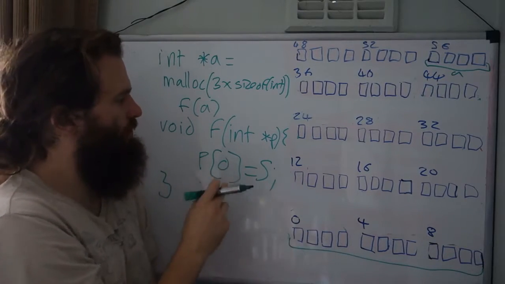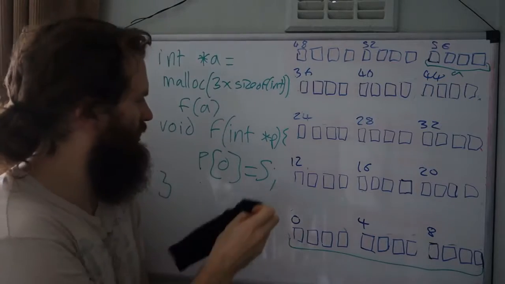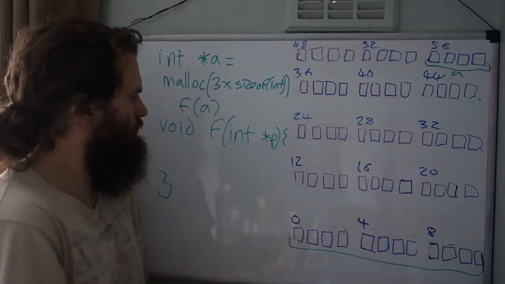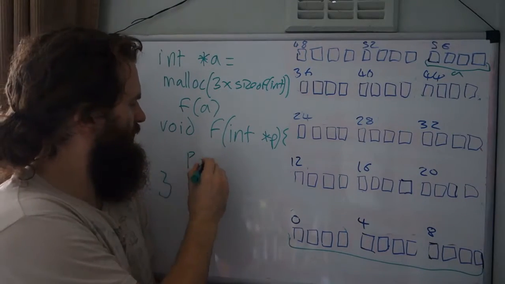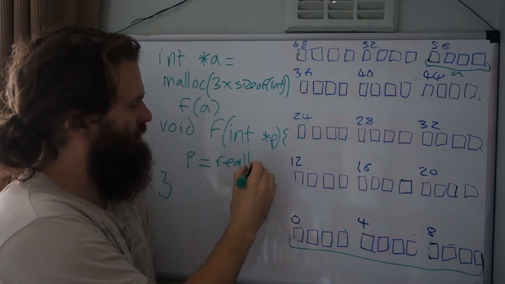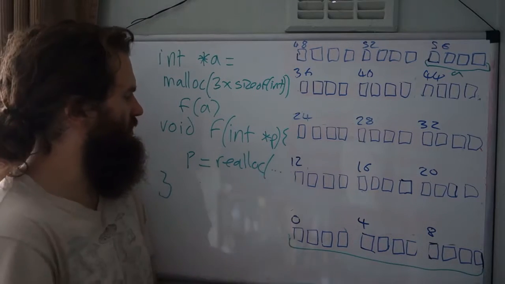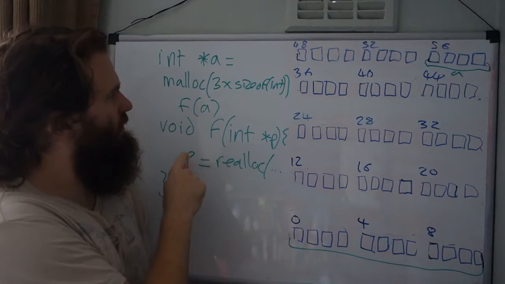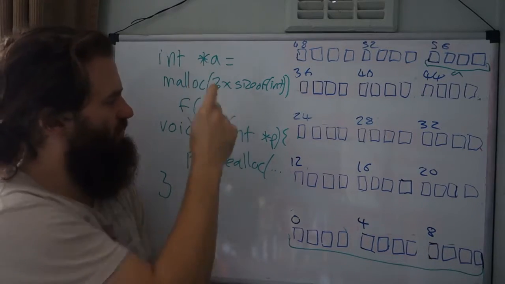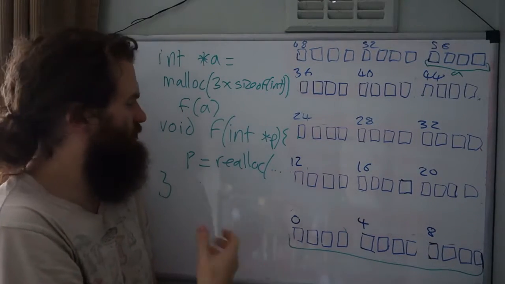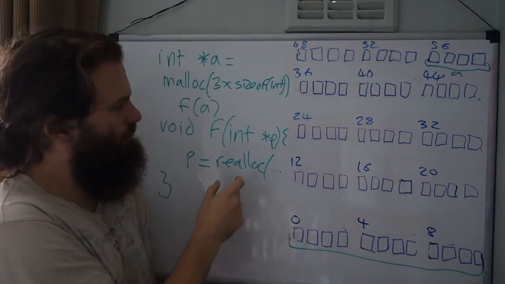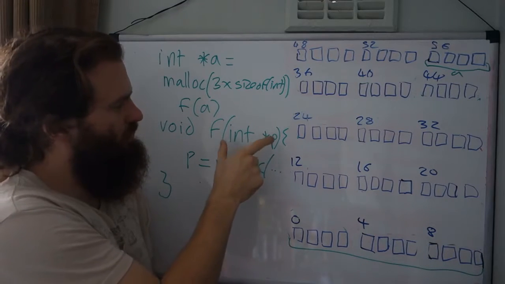That will work. But if you were to try something like p equals realloc and then some parameters, and assume that you're going to change the size of this, you won't. And the reason you won't is because this is just pointing to a memory address.